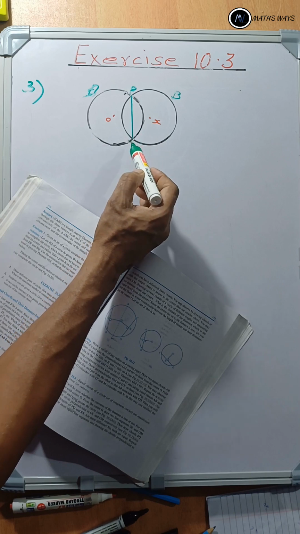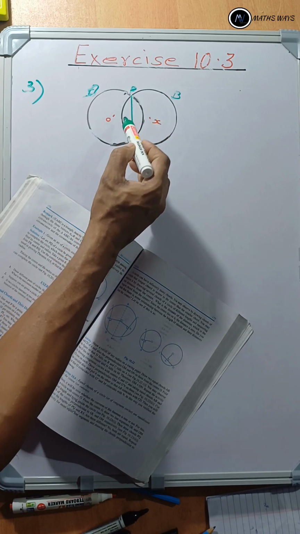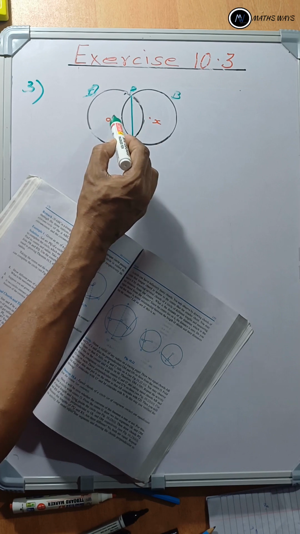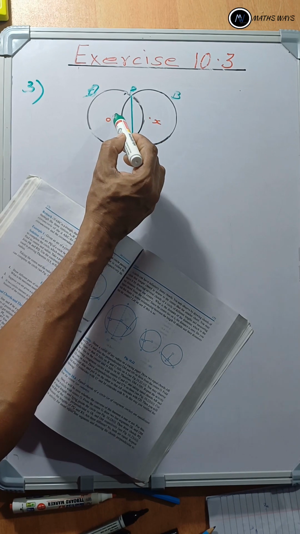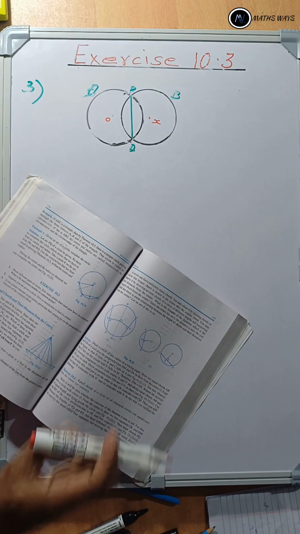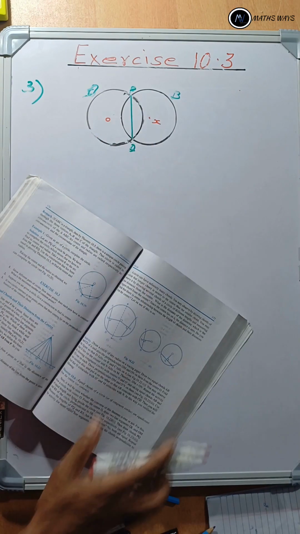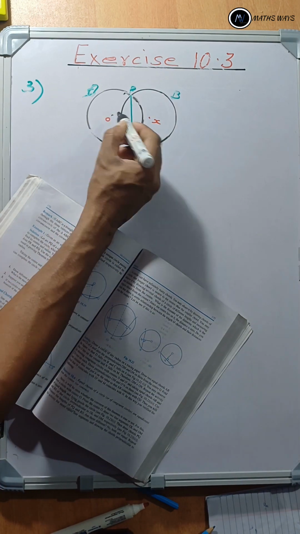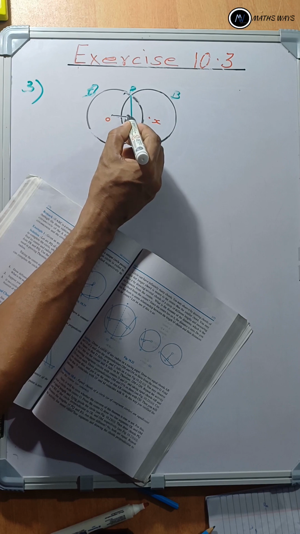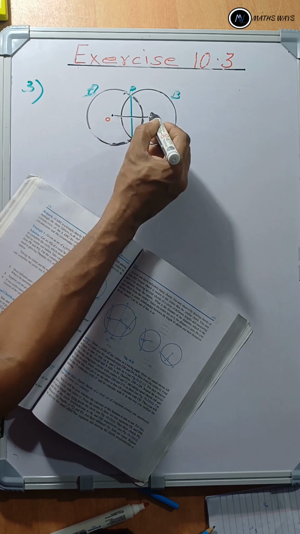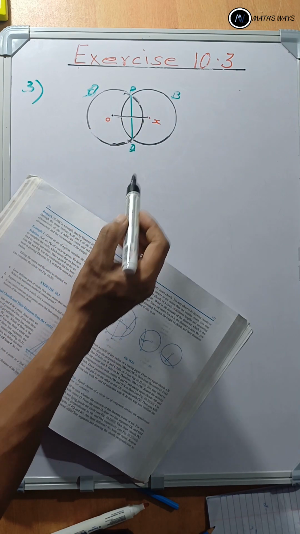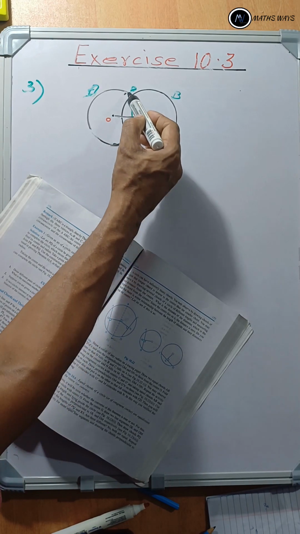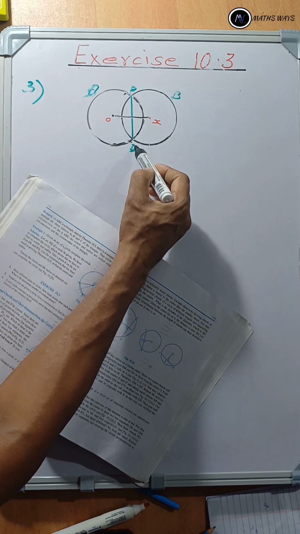Here we have to prove that if we join the center of the circle O and the center of the circle X, the line joining the centers is the perpendicular bisector of this chord PQ.